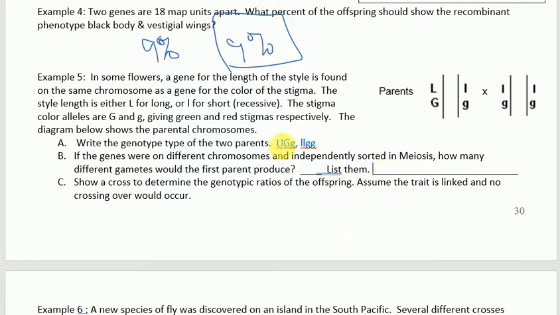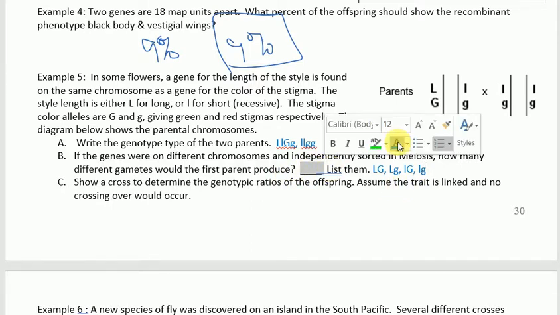So we are going to cross this L with the big G, L with the little g. So first parent: big L, big G; big L, little g; little L, big G; and little L, little g. So that gives us 4.